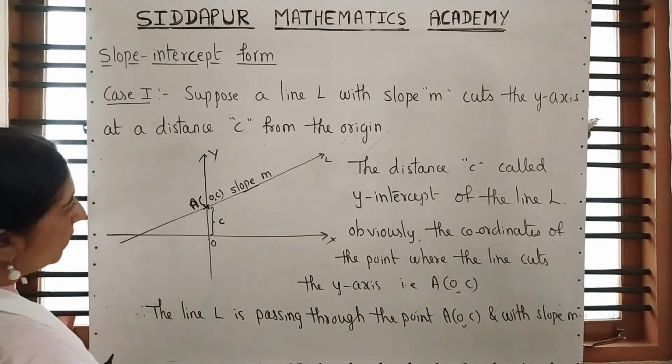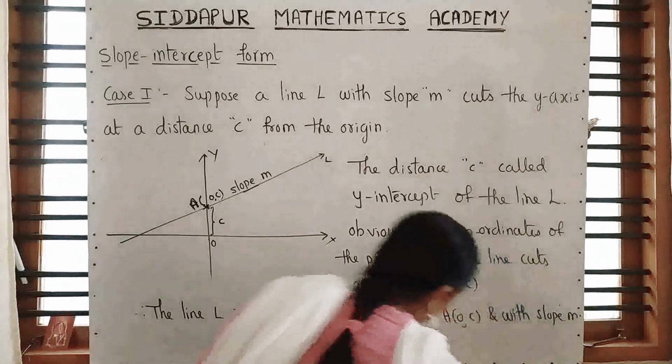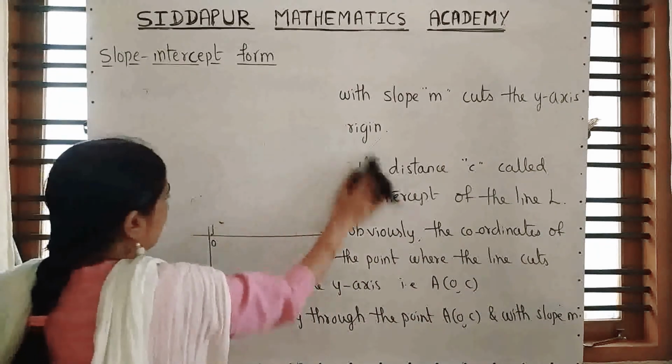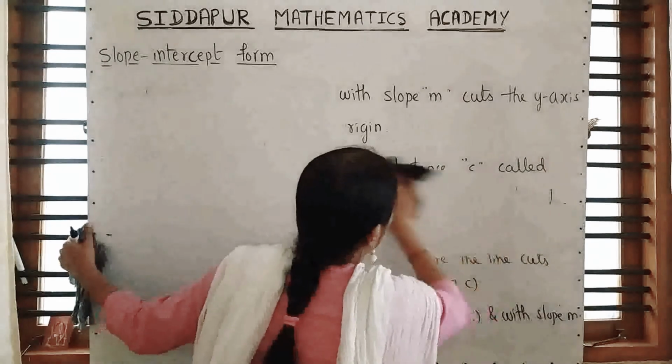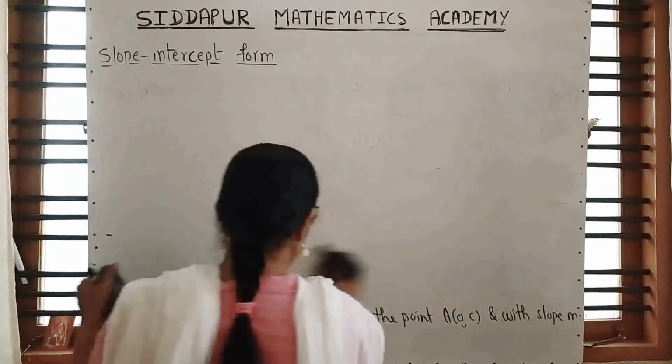Understood? With slope m. Already we are familiar with the equation. Therefore, by which formula? By point slope formula, the required equation of the line is, by point, you know, one point and one slope.